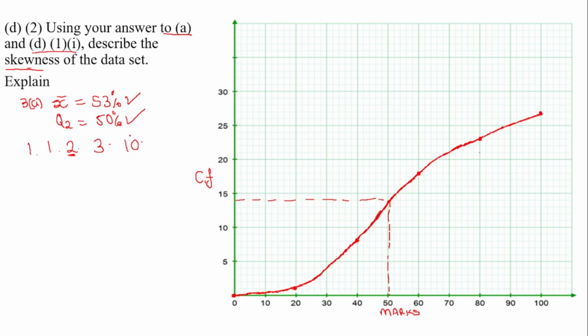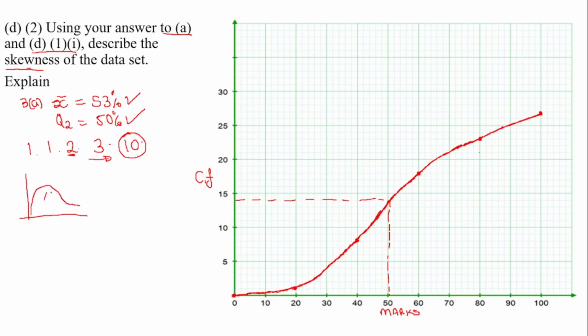And now, because of this 10, the mean is going to be pulled towards 10. You see that? So the mean is going to be higher than the median. If we draw a distribution curve, it's going to look something like this.